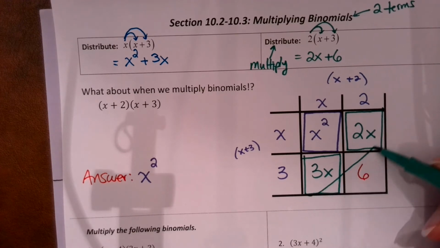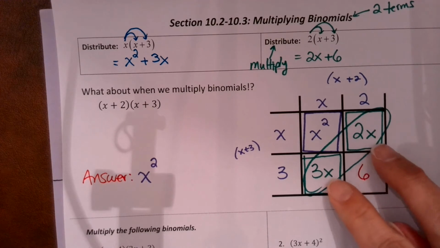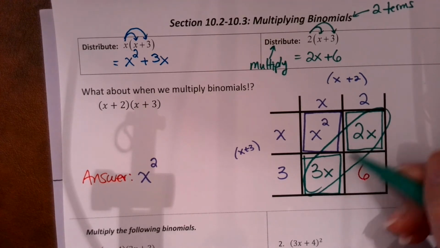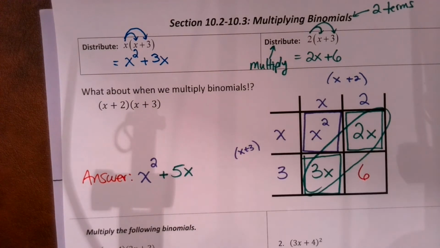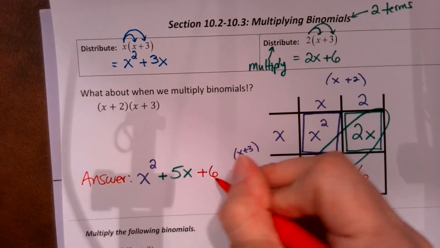Along the diagonal, you're usually going to have some like terms. I have to combine these. Positive 3 plus positive 2, we add them together, makes 5x. And then the constant positive 6 is going to go last.